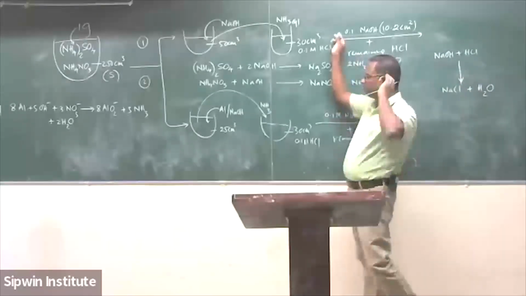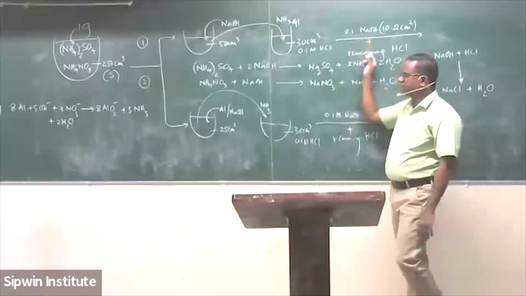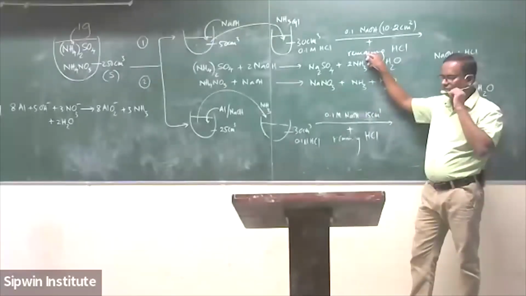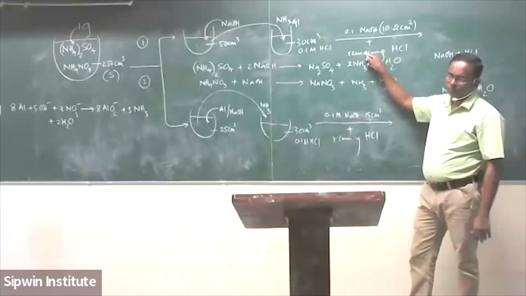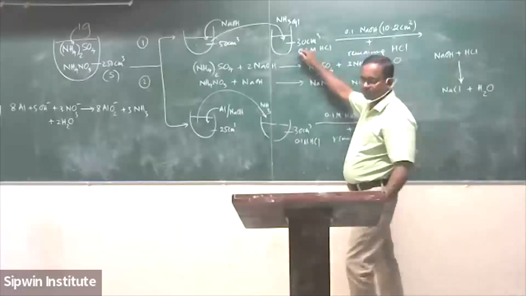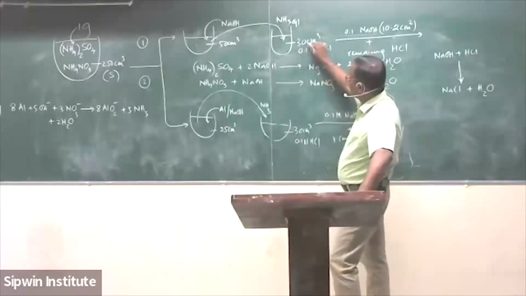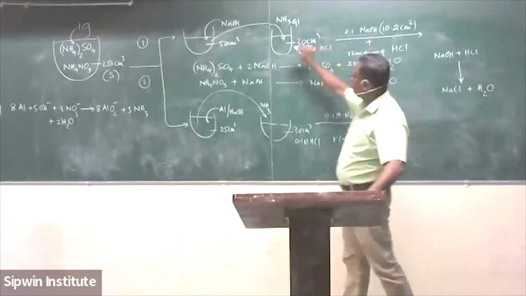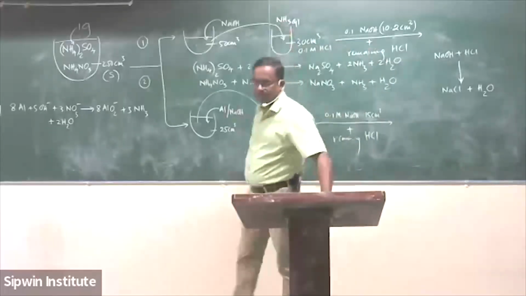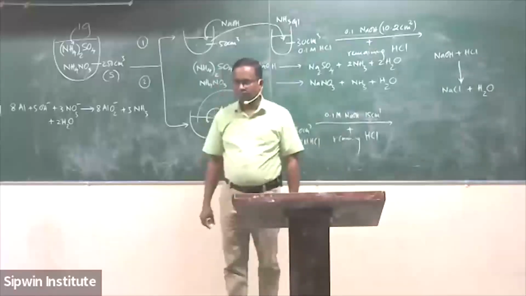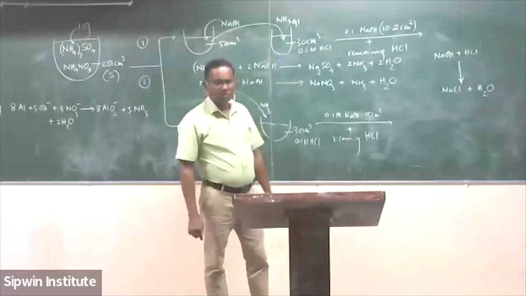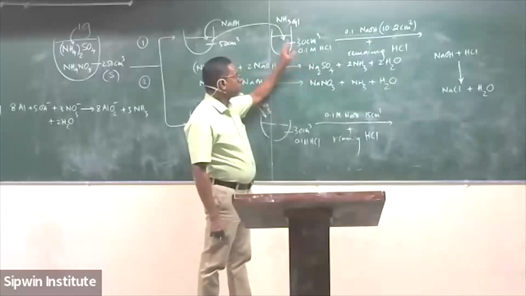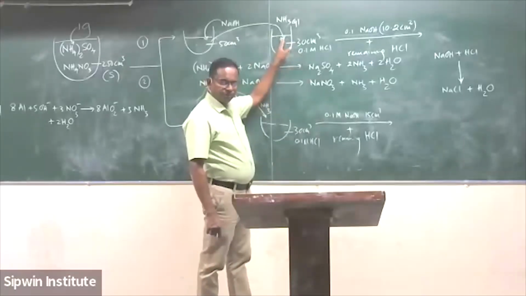Sodium hydroxide moles known means remaining HCl moles known. Subtracting the remaining HCl from the total HCl added gives the HCl reacted with the ammonia, so the ammonia is known.